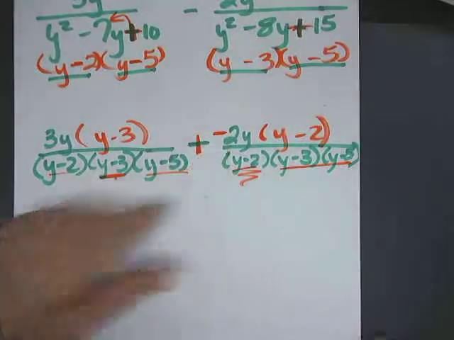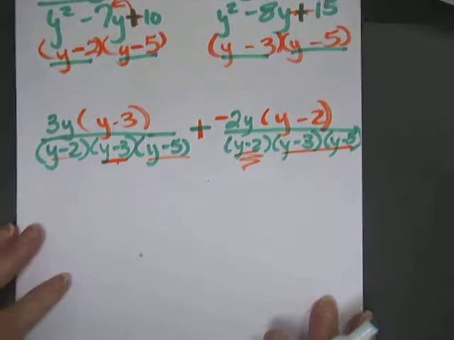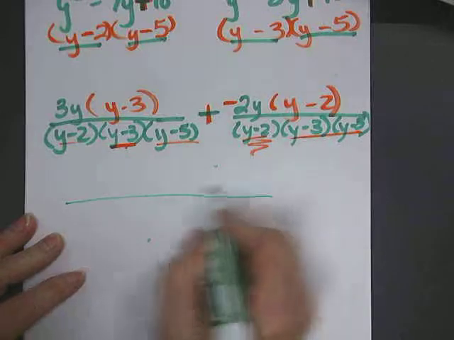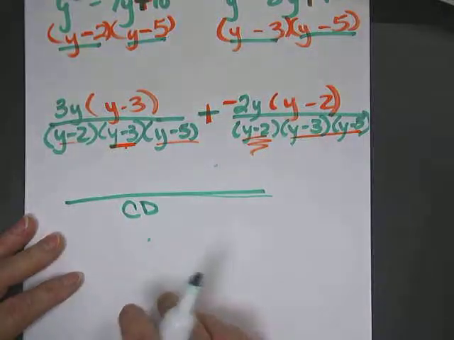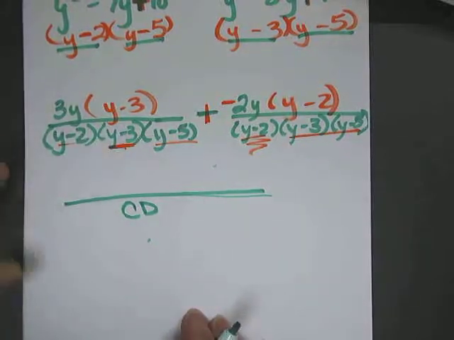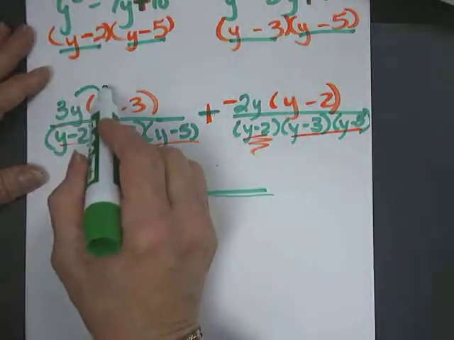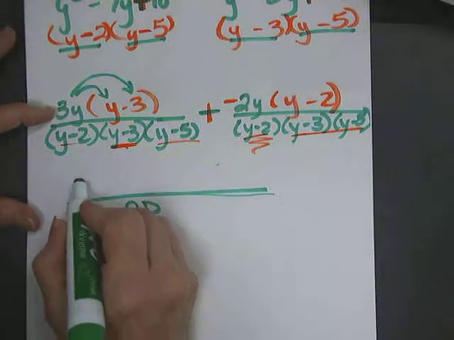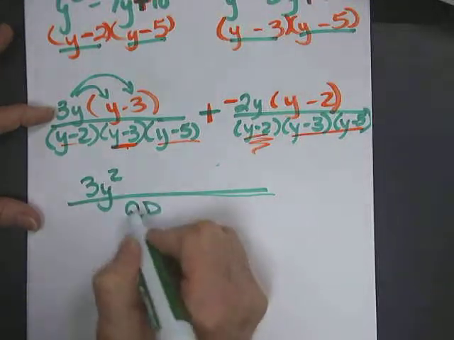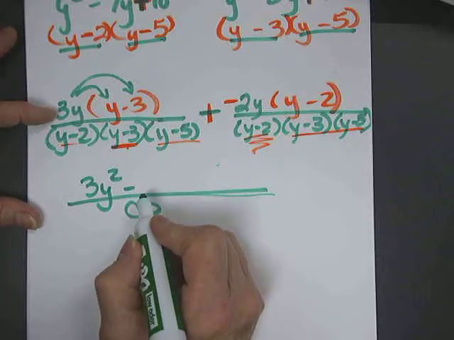So multiply the top times y minus 3. Might as well leave that minus there. We have the 3 and 5, so we must have multiplied it by y minus 2. So multiply the top times y minus 2.